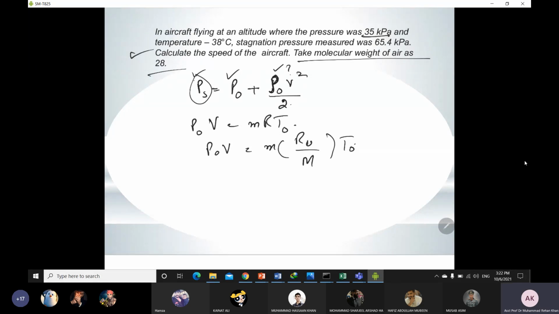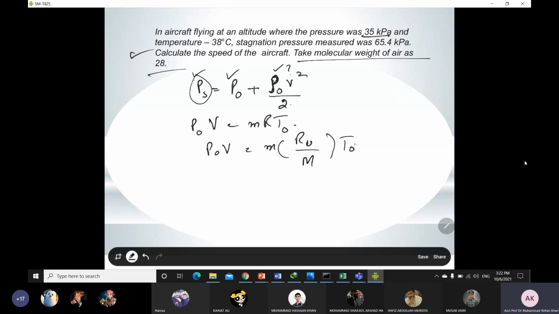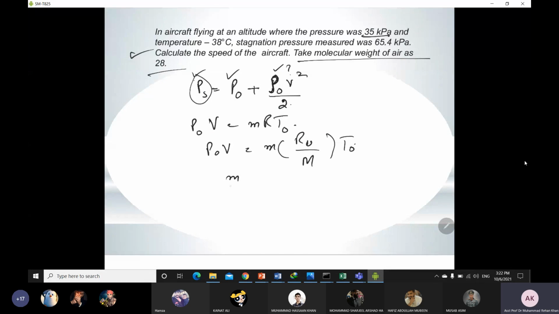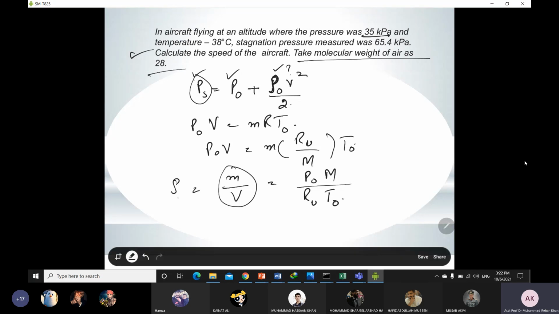The Ru value is the universal gas constant, which you get from the thermodynamic table. Simplifying further, m divided by V is equal to p naught times molecular weight, divided by universal gas constant times T naught. We already know m divided by V is basically density, so this is rho naught. From here we have to find rho naught first.